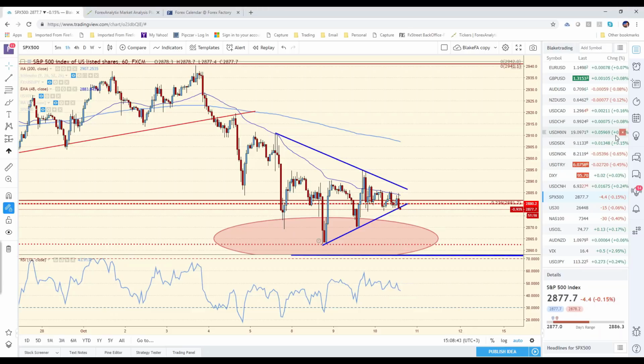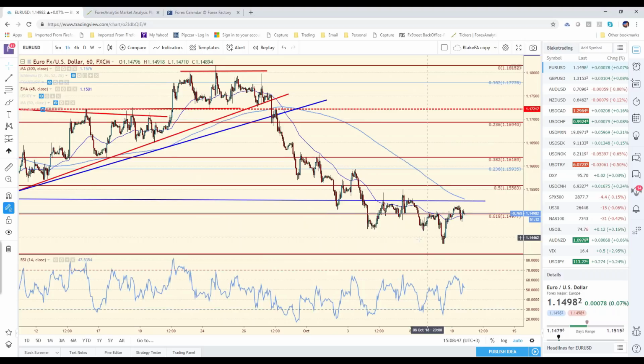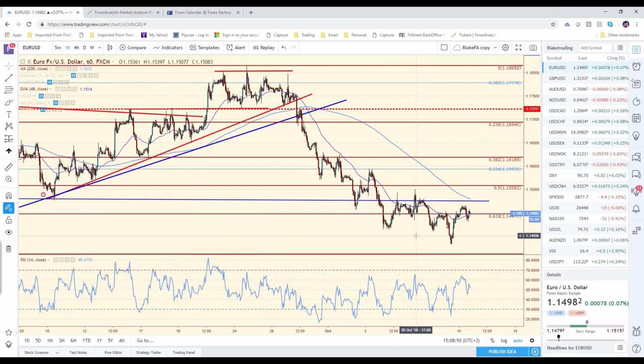A lot of people are thinking that the dollar is finished here, that the dollar is not going to move any higher.